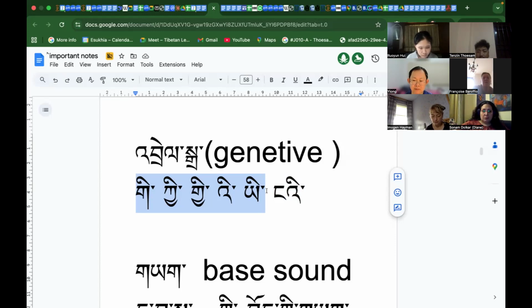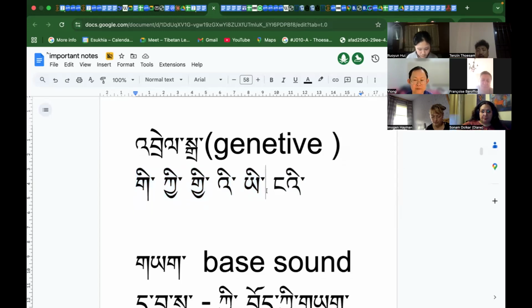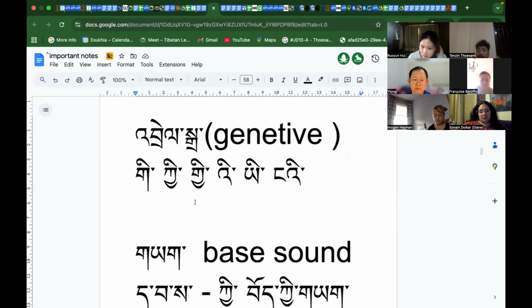But why do we have 5 of them? Because we cannot write any of them wherever or whenever we want. There are certain rules. And the rule is they always rely on the suffix, whatever the suffix is.